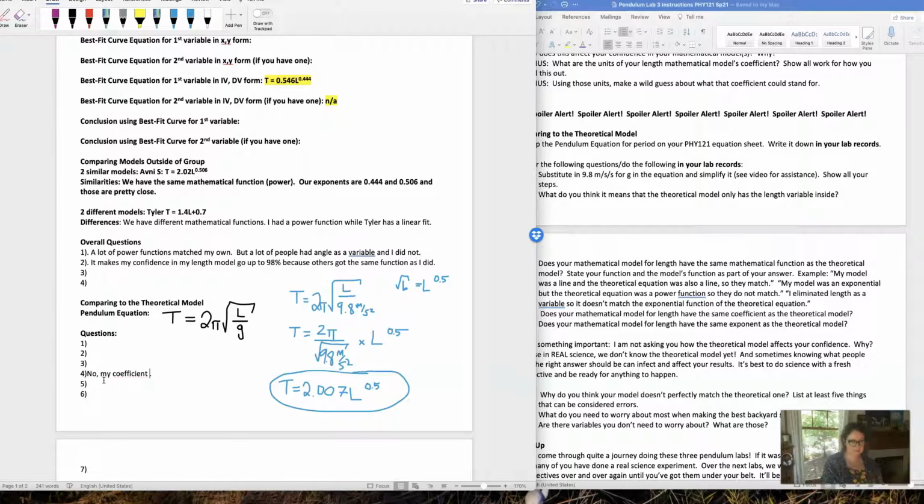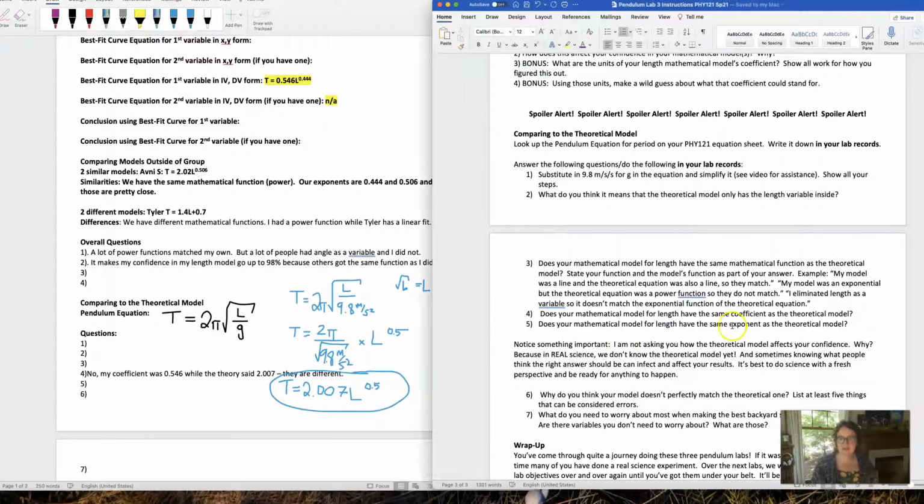My coefficient was 0.546, while the theory said 2.007, they are different. Okay? How easy is that? But make sure you take the time to actually write the numbers in.